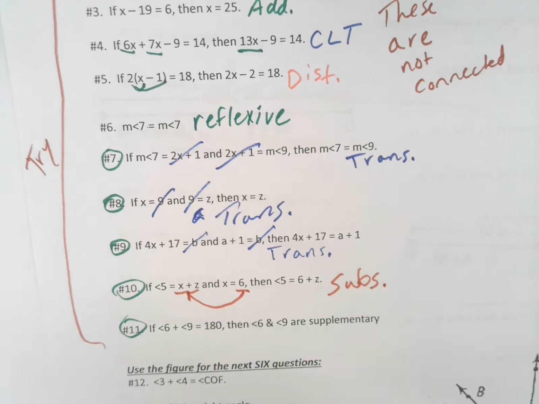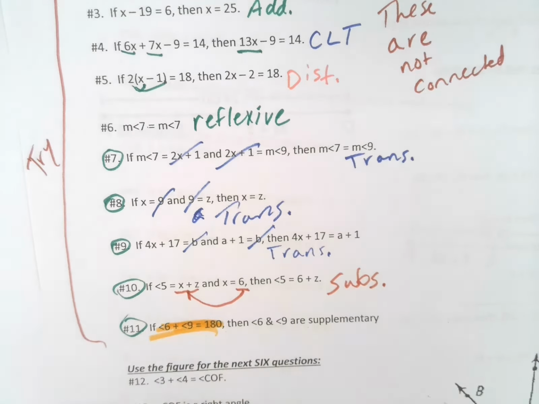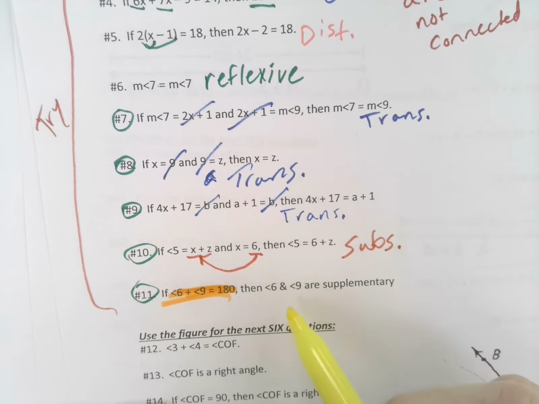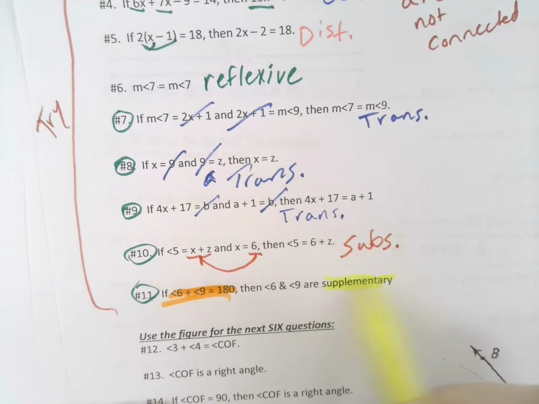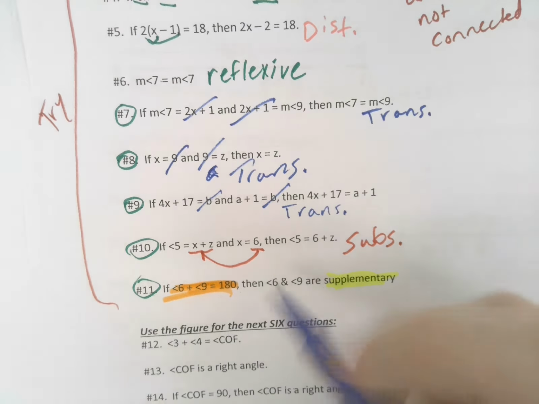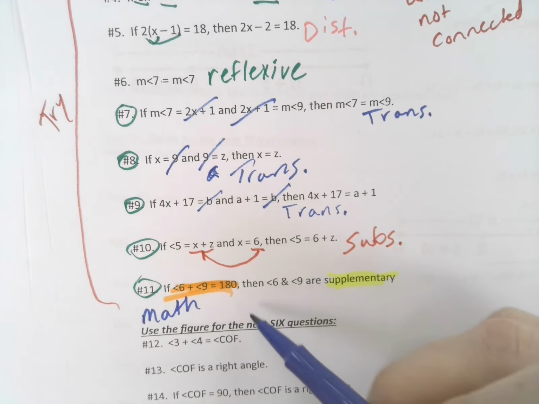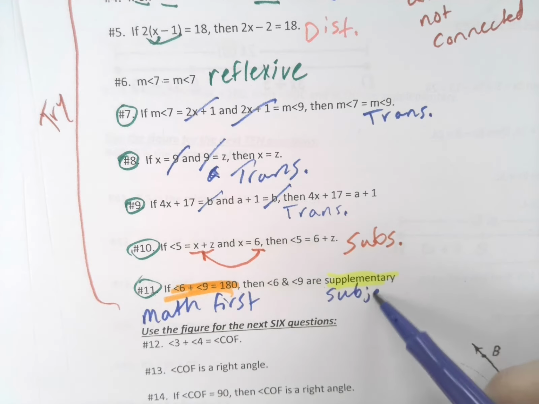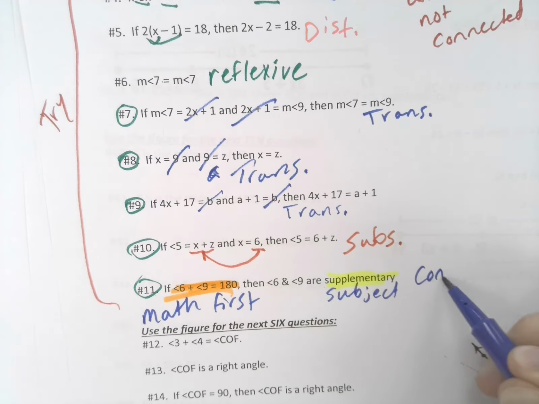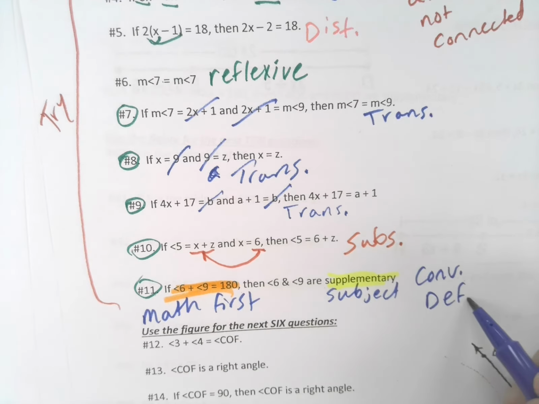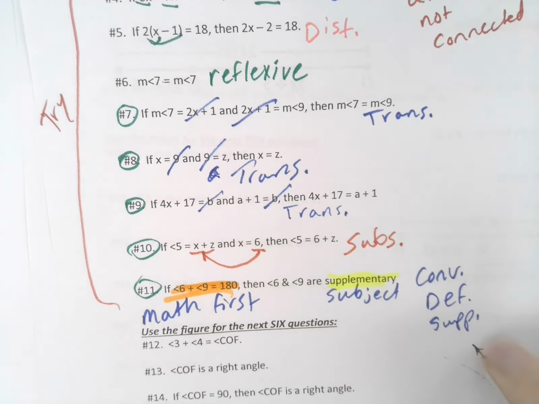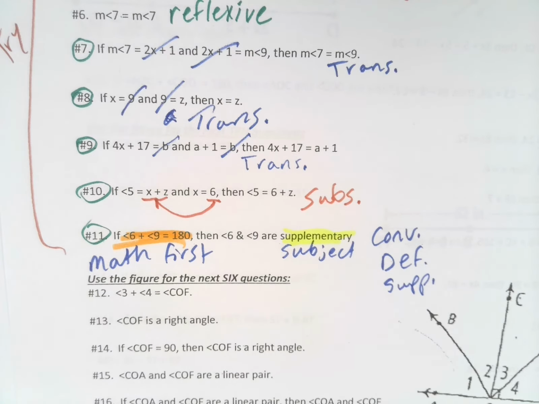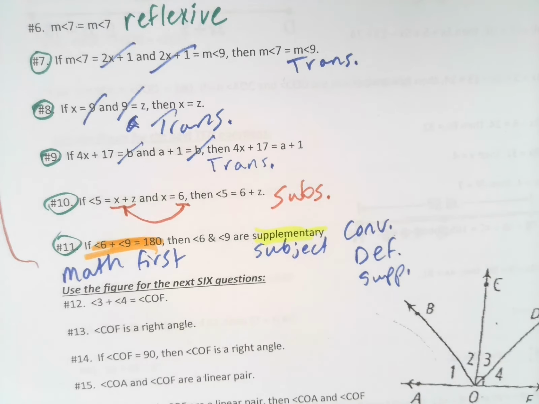We've got some math up front. Angle 6 plus angle 9 equals 180 degrees. And if that happens, angle 6 and 9 are supplementary. If the math comes first, you guys know the drill. The math comes first before the subject. We're looking at the converse of the definition of supplementary. Okay, hopefully you're feeling pretty good about that.